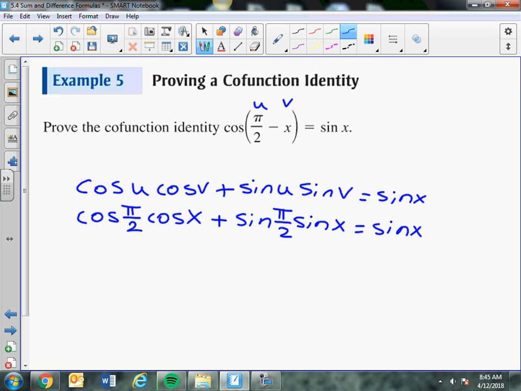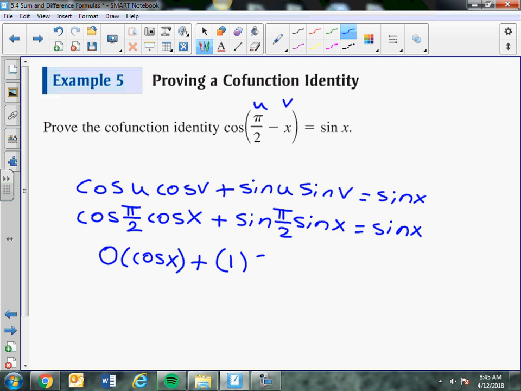Okay, so once we get that far, cosine pi over 2 and sine pi over 2 are both going to have a couple of values. So pi over 2, if you look at the x value in a unit circle, this cosine would be a 0. And of course, anything times 0 is going to result in a 0, which we will do in a second. The sine pi over 2 is a 1.